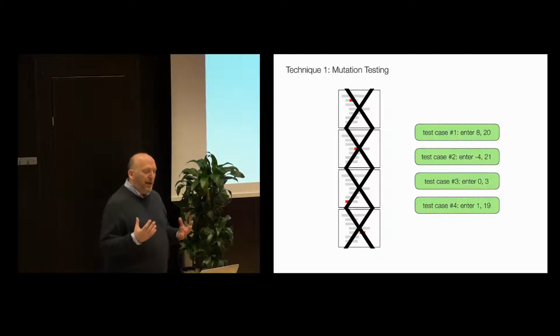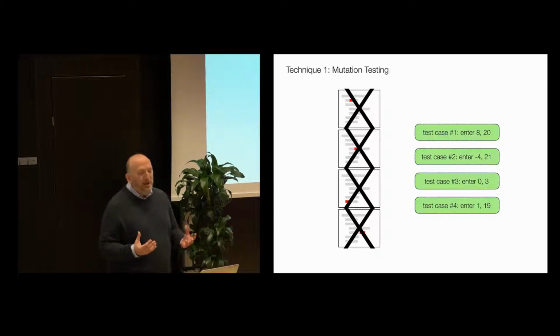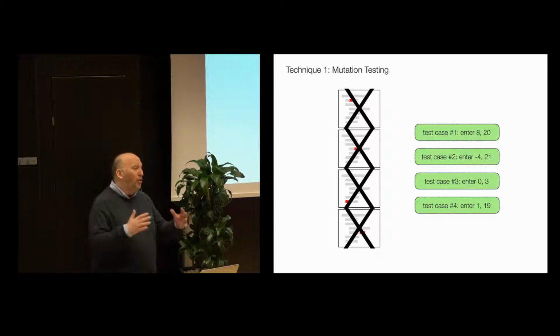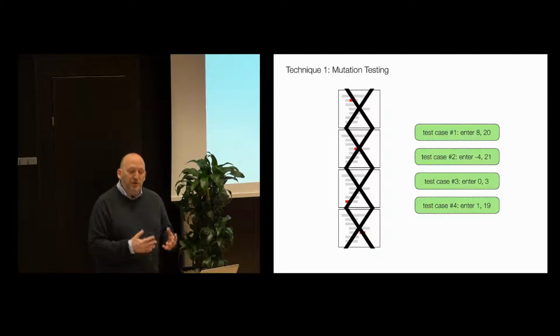But the idea is, just like you might construct a test suite for coverage, so you cover all the branches in the code, this is kind of the same thing, but instead of branches, cover all these mutants, i.e. kill them by finding test data which shows they give a different output from the original program. And that's the whole premise of mutation testing, which has been found to be really effective.